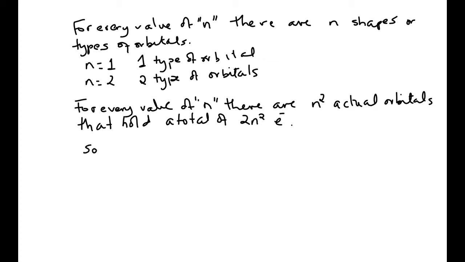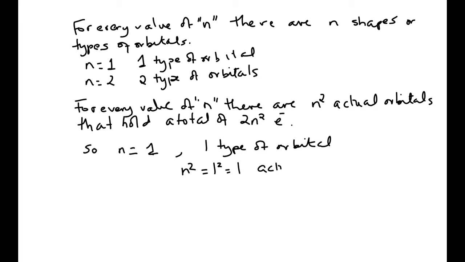So if n equals 1, there's one type of orbital, and there is n squared, which is 1 squared, actual orbital. So on the first energy level, there's only one actual orbital, and it can hold 2 electrons.